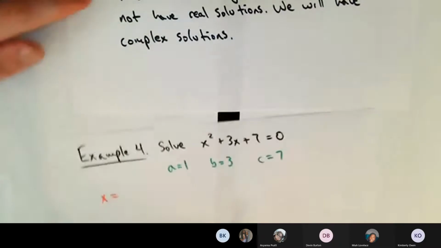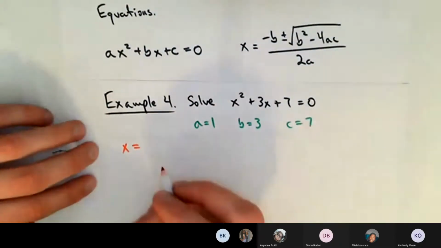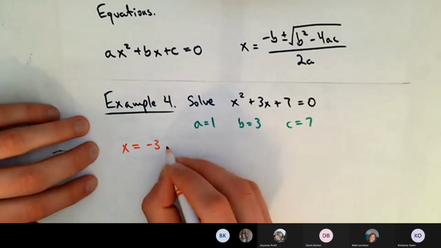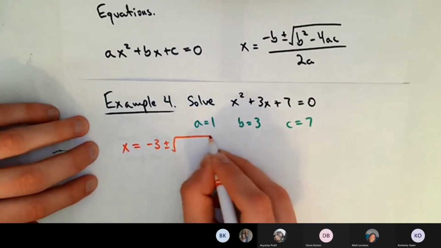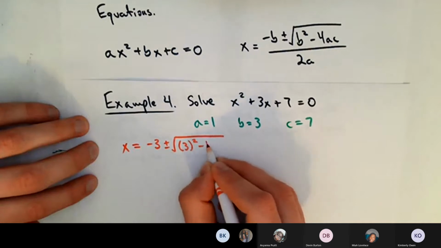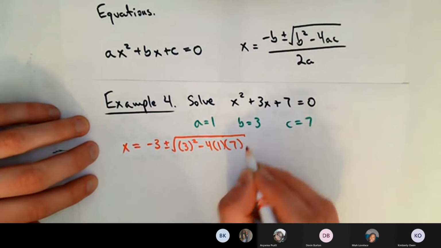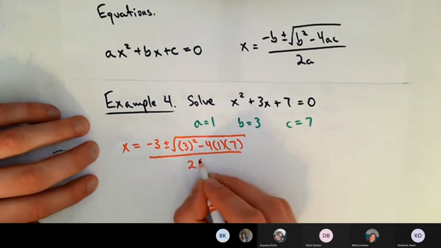All right, now I'm ready to fill in that quadratic formula. Negative b plus or minus the square root of b squared minus 4 times a times c, all over 2 times a.